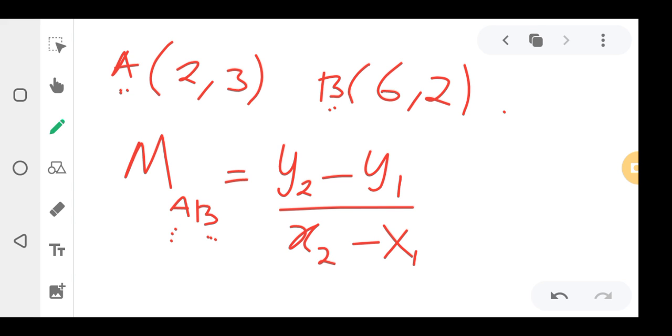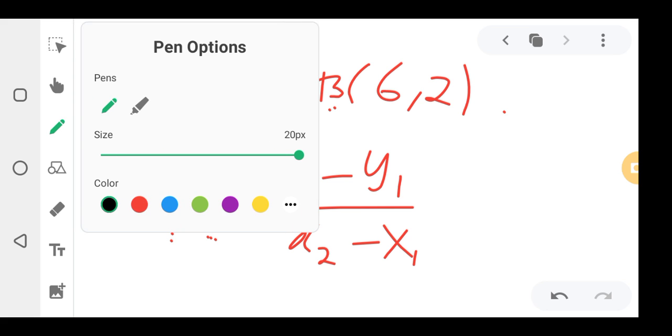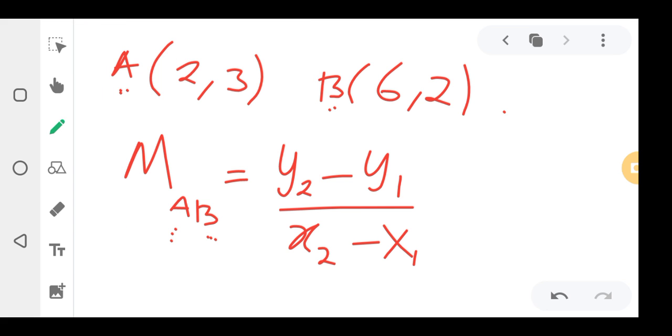That's how the formula is written. Always know that the first point is x1, y1. The second point is x2, y2. And then you substitute these numbers in the formula.